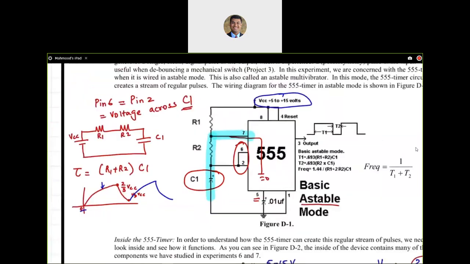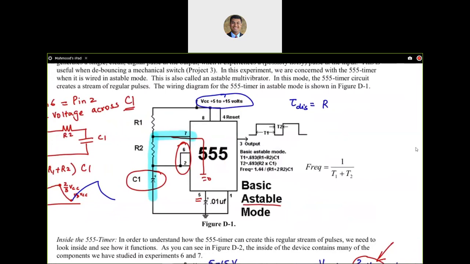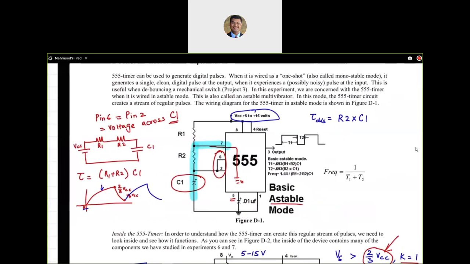So during discharge, your time constant is going to be R2 C1. So you have different resistors, or different time constants, dictating the on time and the off time.